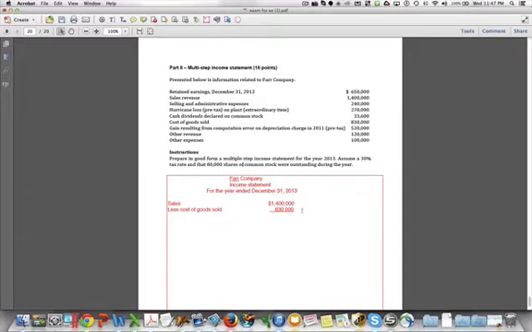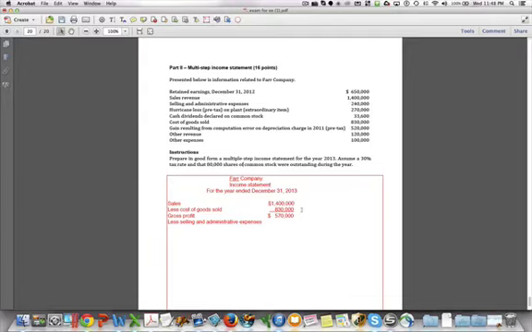The difference here is going to be called gross profit. And 1,400,000 minus 800 would be 600, minus another 30 is 570,000. So we use 570,000 as our gross profit, less selling and administrative expenses.